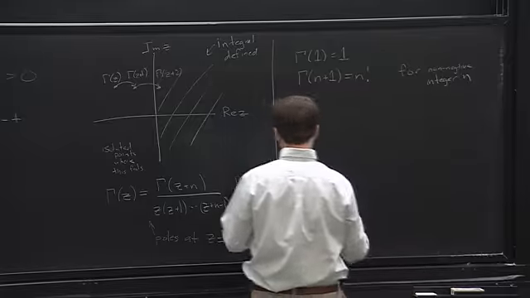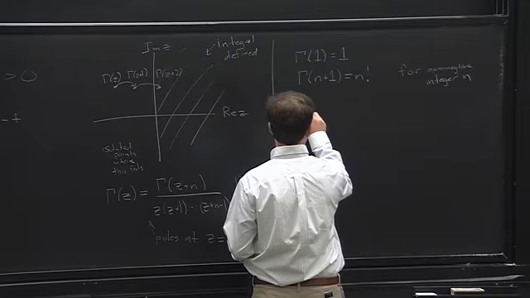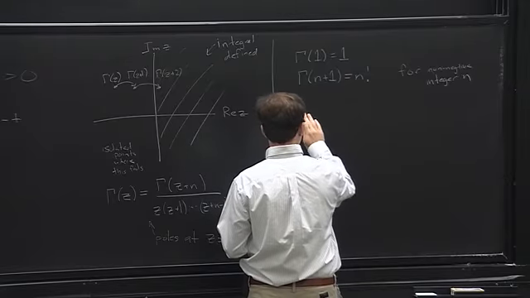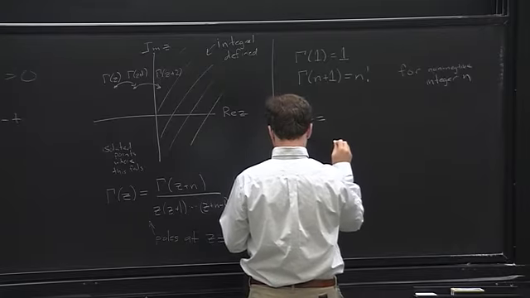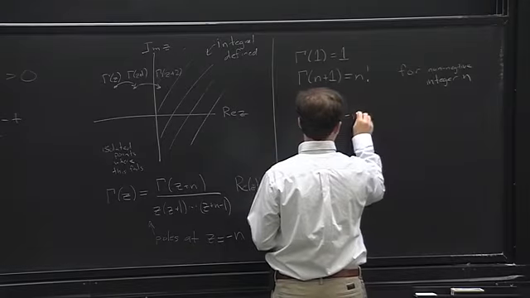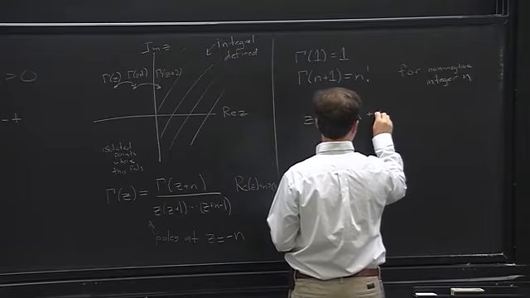So let's take z to be equal to 1 minus n plus epsilon.